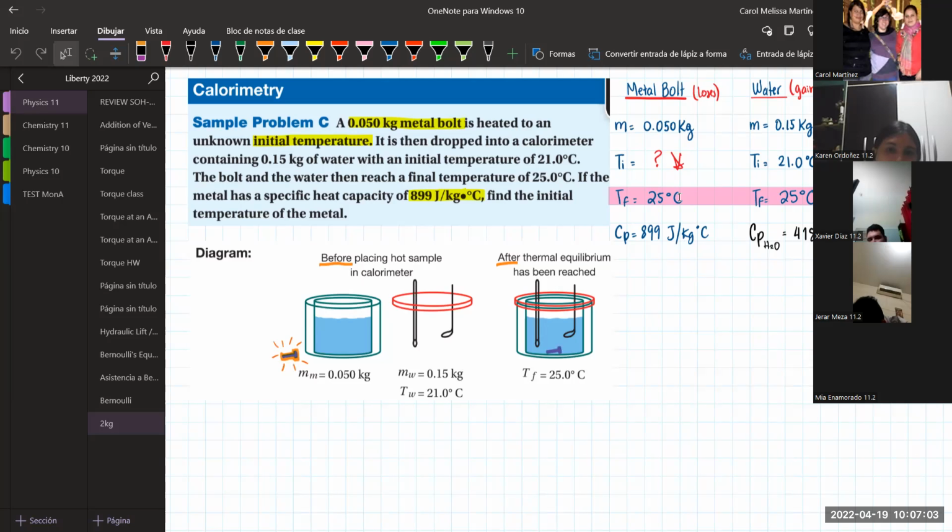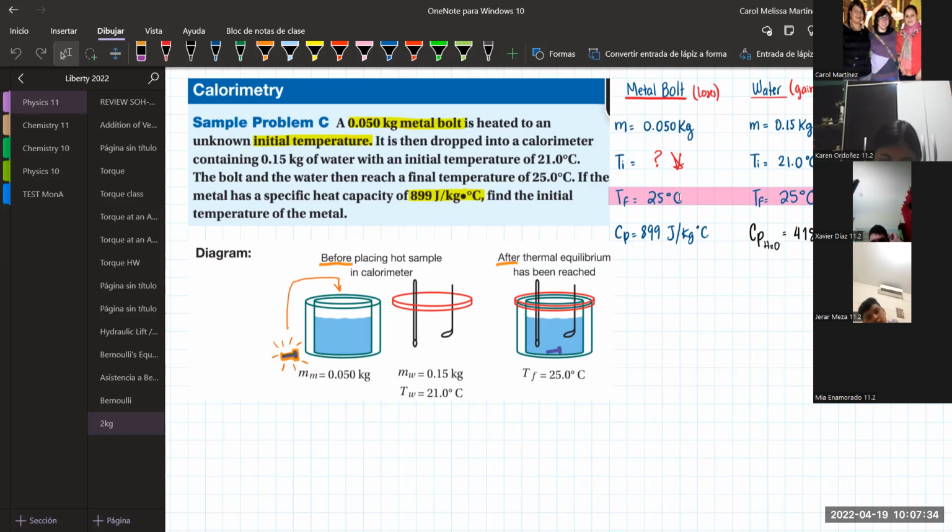What's going to happen? I'm going to place it into water. Why do I do that? Because I want to cool it off. That's something that you already know: if you want to cool off something, you're going to use water. So you place the metal bolt in the calorimeter that contains water.